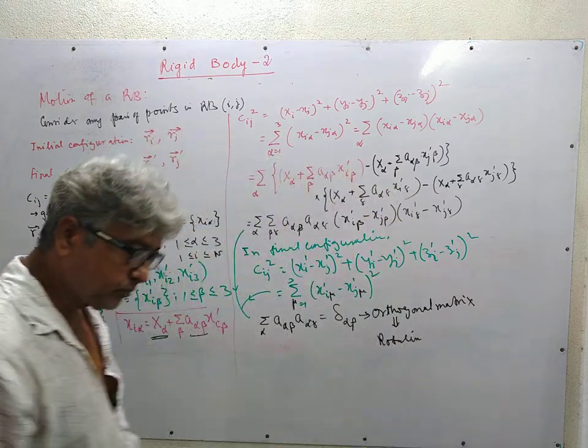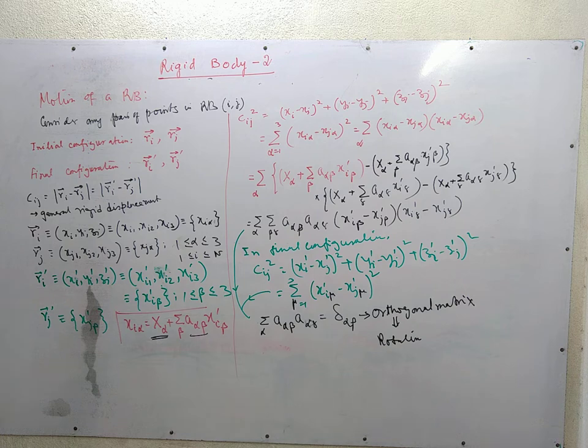So if we want to represent any rotation, the process of rotation is represented by an orthogonal matrix such that the length of the vector does not undergo any change due to this orthogonal transformation.